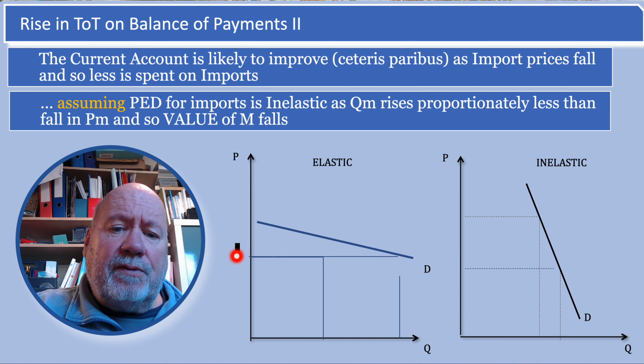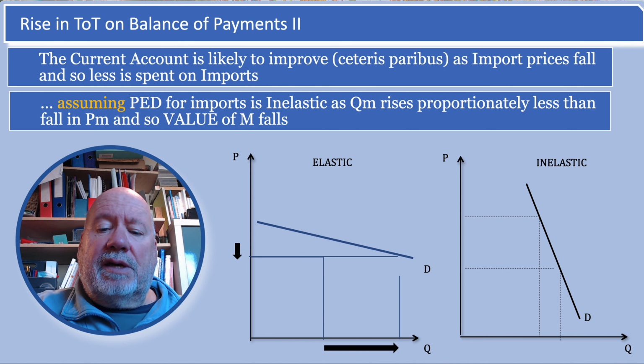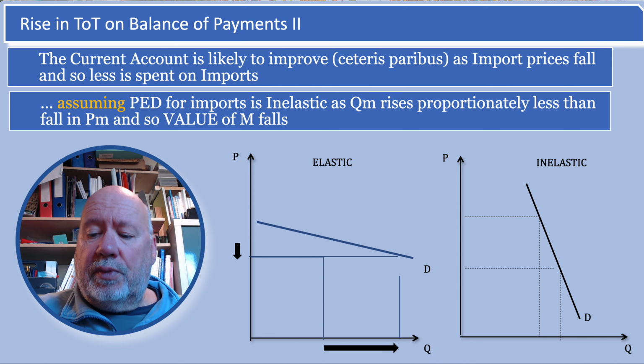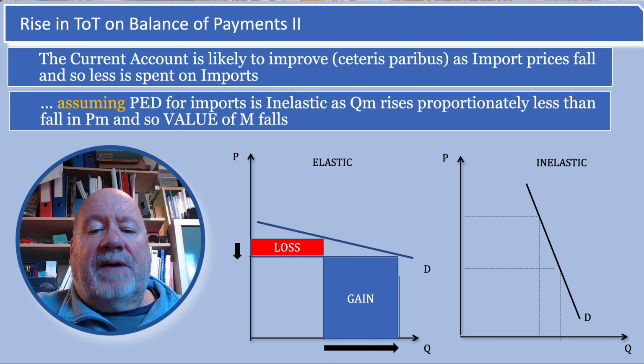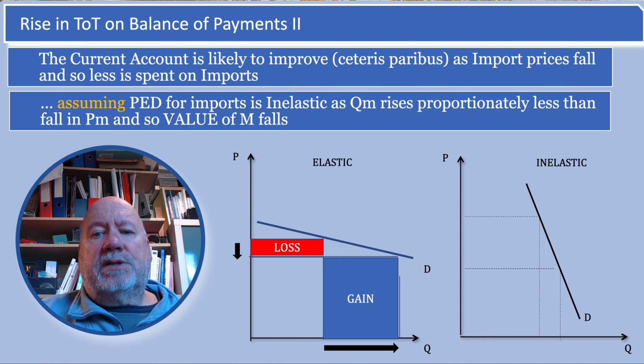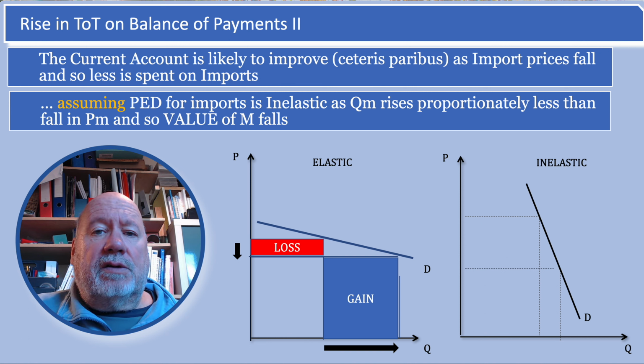The price has fallen here in the market, the price of imports. That means that we buy loads more imports. Therefore, you have these two boxes again, that the value of imports, we lose this much, but we gain that much. In other words, the revenue that we spend on imports is actually going to be bigger.